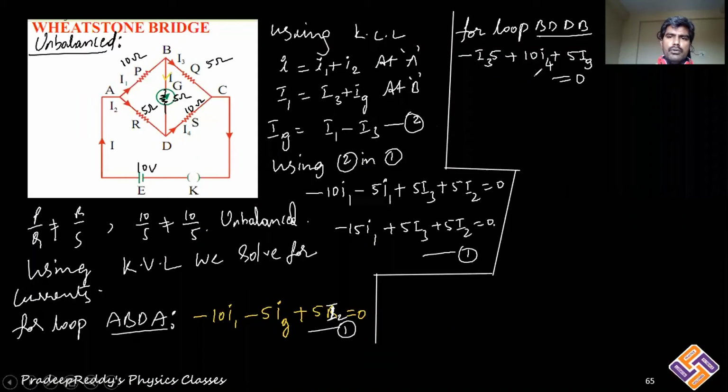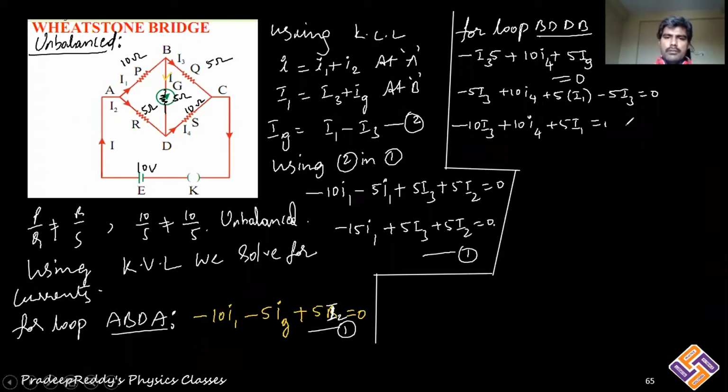IG is already known to you. You can just substitute I1 and I3 over there. Minus 5 I3 plus 10 I4 plus 5 into IG, which is I1 minus I3, is equal to 0. This gives you minus 10 I3 plus 10 I4 plus 5 I1 is equal to 0. Right? We have got one more expression. This equation I am considering as 3. This equation I am considering as 4.